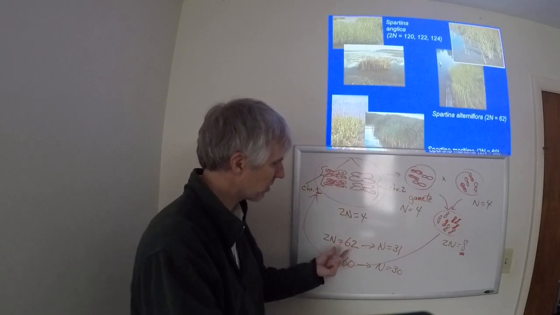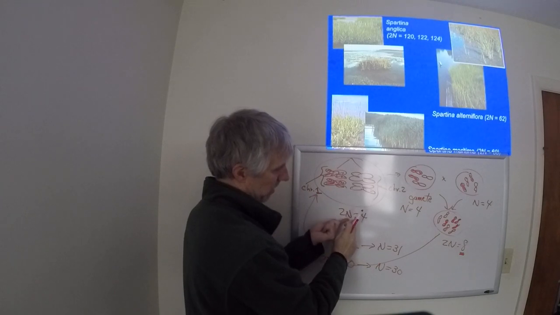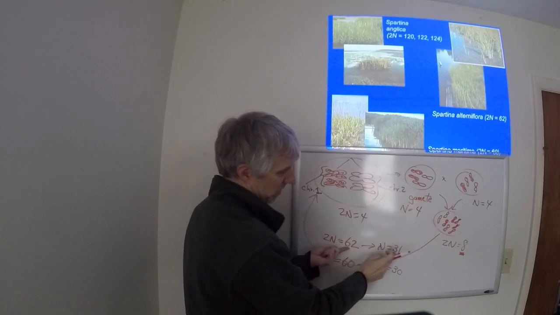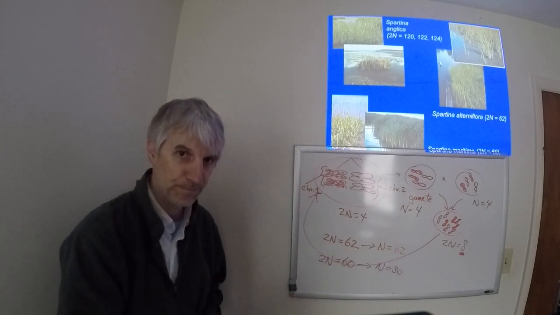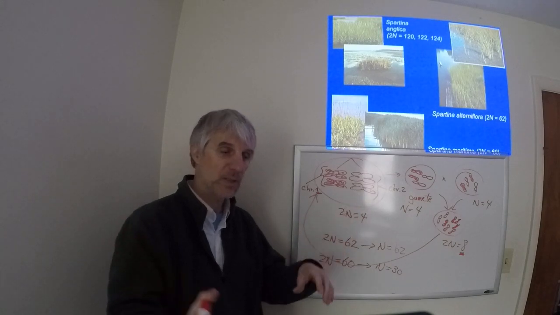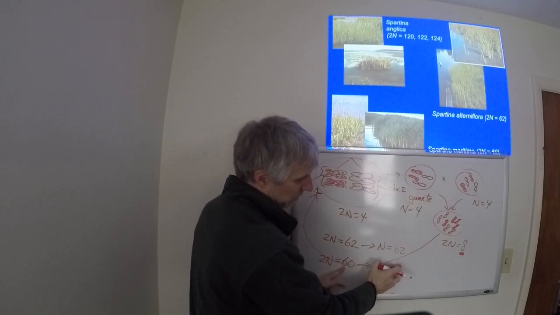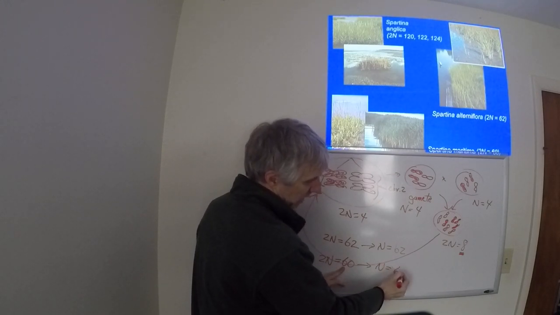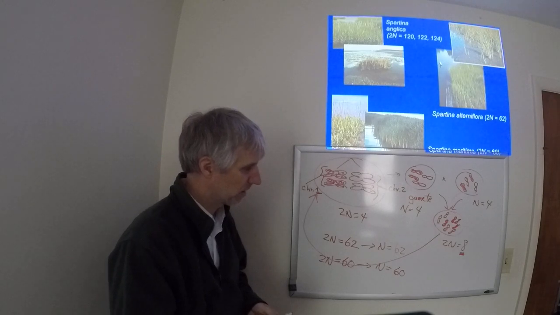It messed up meiosis, and instead of making an n equals 31, a 62 made a 62. And at the same time, this weird happenstance, here, instead of taking a 60 to a 30, the 60 was taken to a 60 because of this non-disjunction.